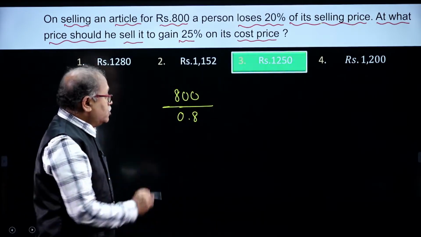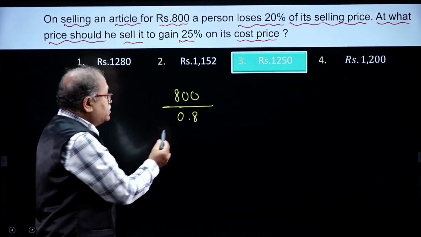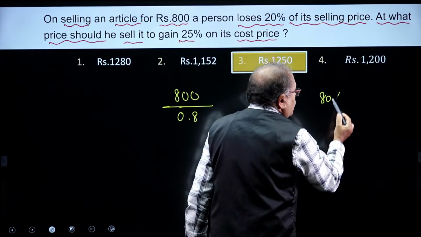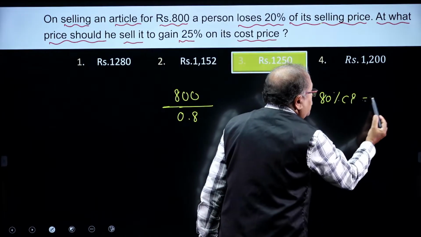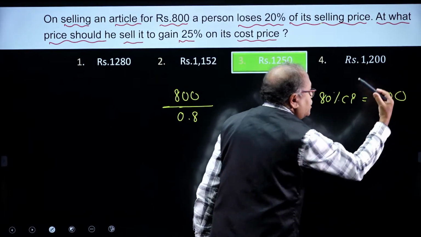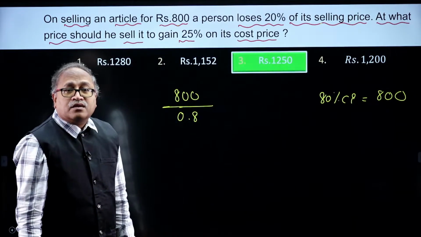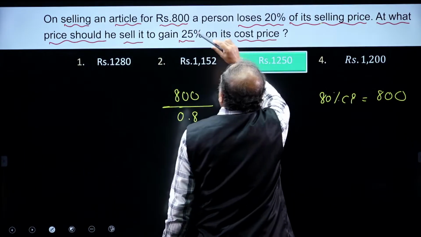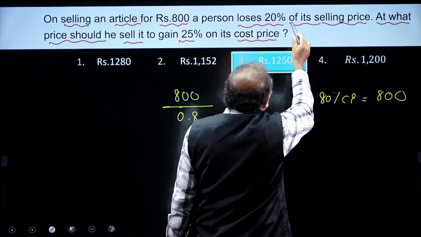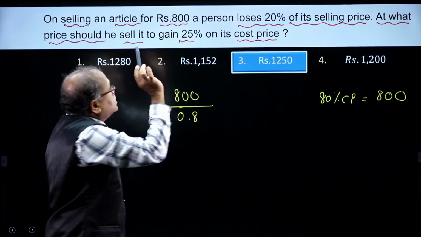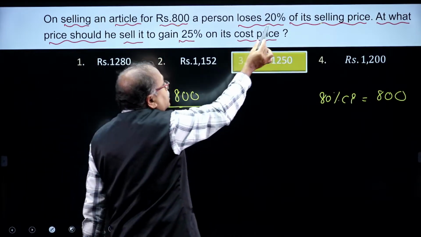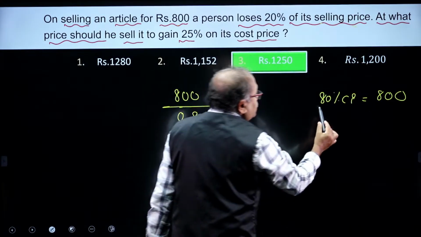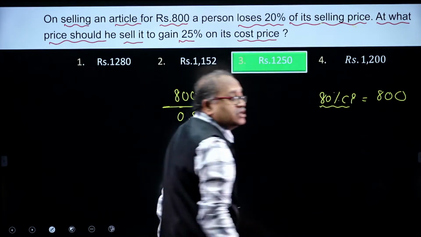Understand that 80% of CP is equal to 800, because with a 20% loss on it, the selling price 800 is 80% of the CP.